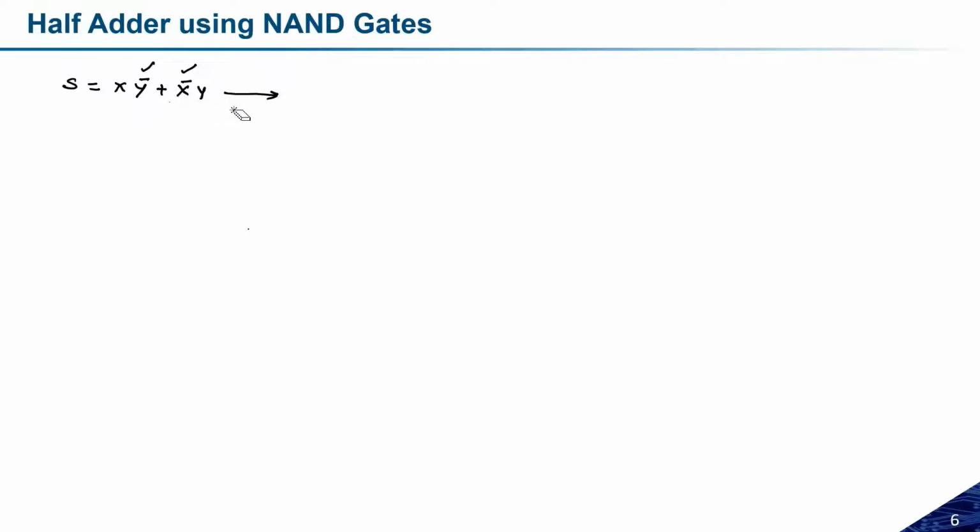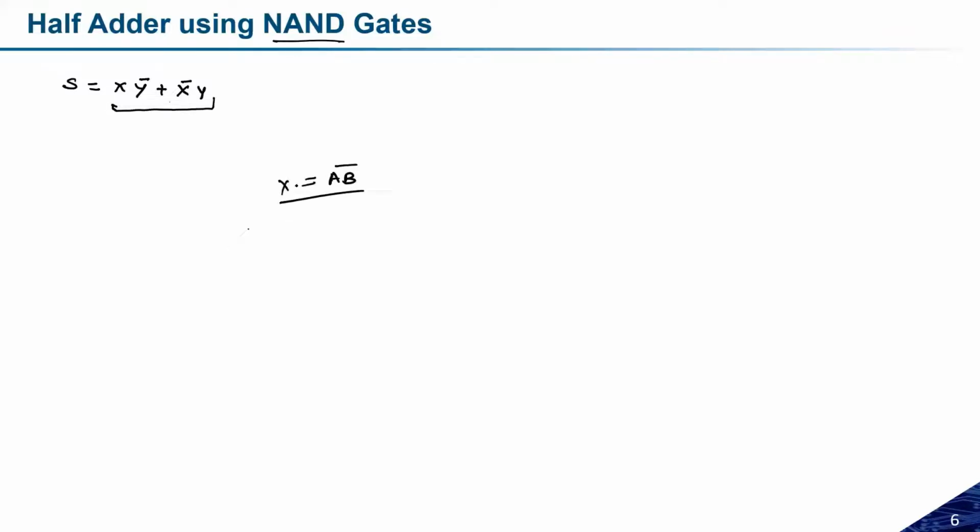Now, the question is to design a half adder with the help of NAND gates only. So I have to convert this expression into something like A, B complement, which is the simple function of the NAND gate.